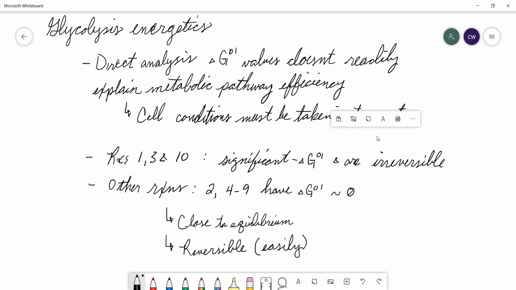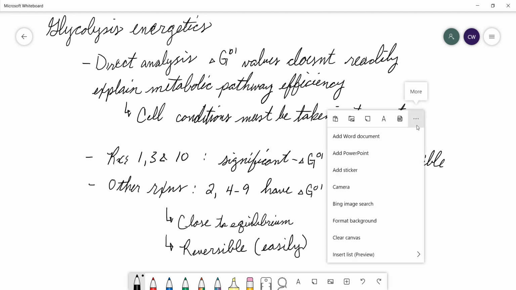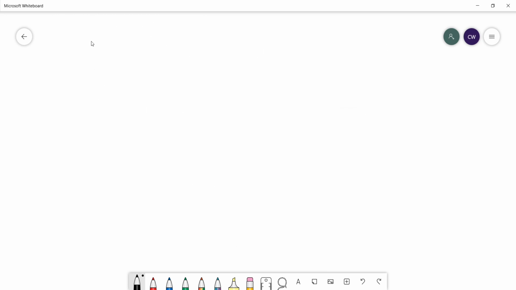You might wonder, is this happening constantly in my body? And the answer is no. So glycolysis is regulated by way of allosteric control of the hexokinase enzymes.